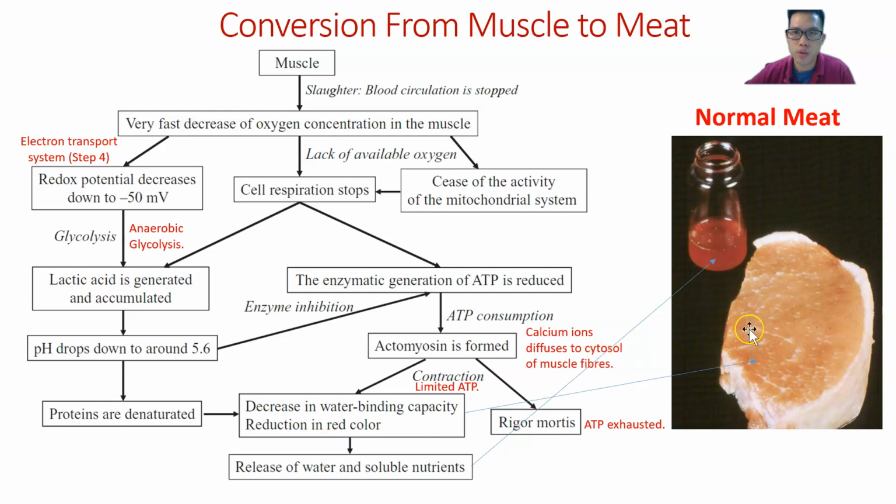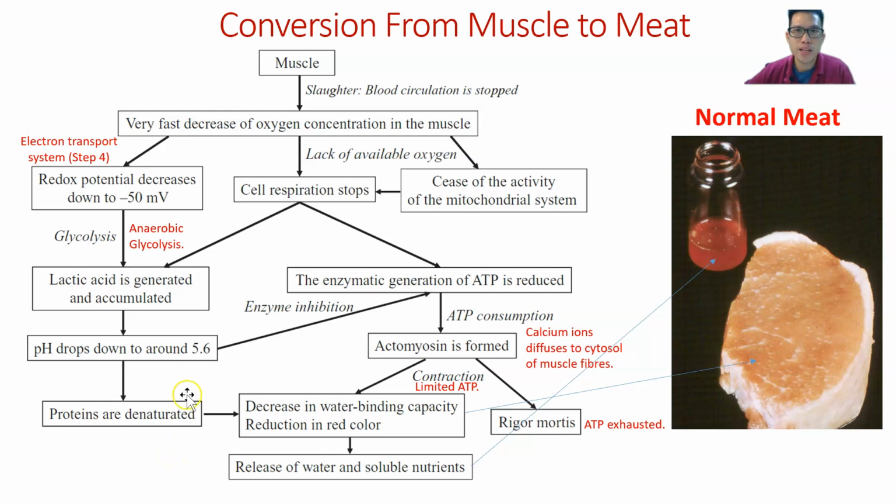You can see from here what we call normal meat. Once the muscle has been converted to meat, you can see the meat is slightly lacking in red color because the water has been squeezed out from the meat here.